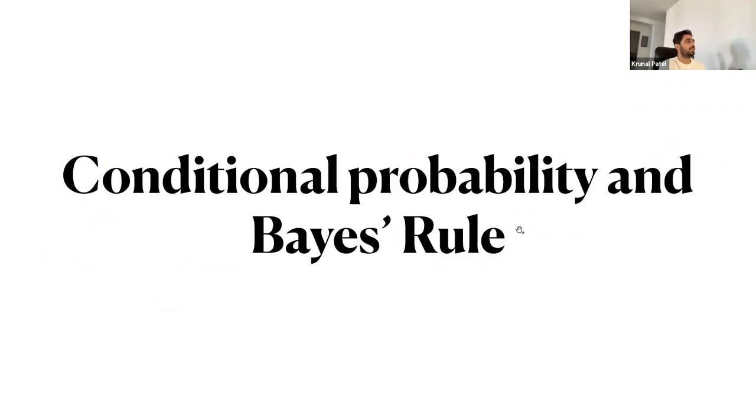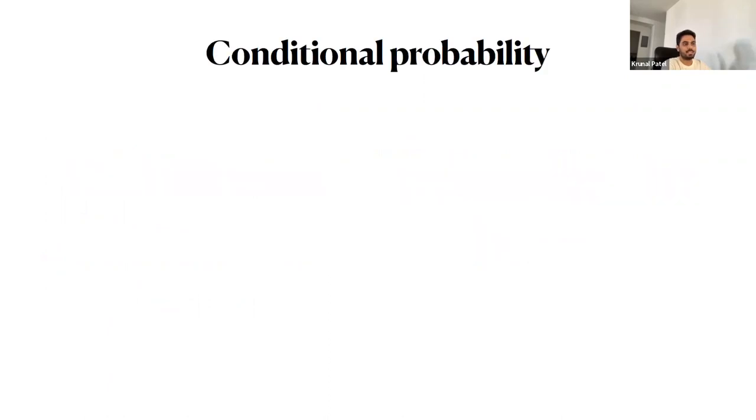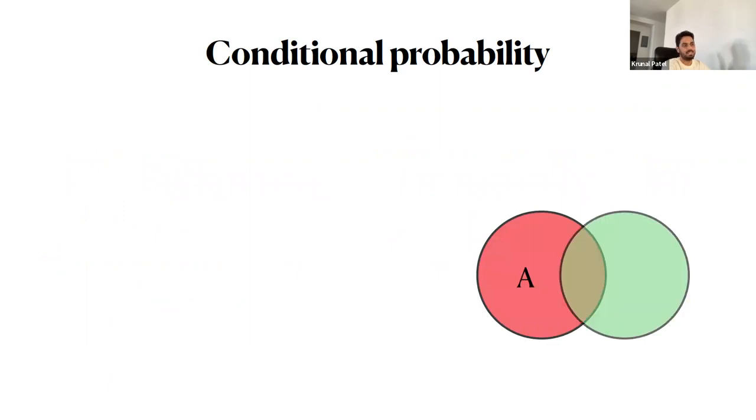So now let's jump onto something more important, which is conditional probability and Bayes' rule, right? Let's say we have an event, let's just call it event A, and we have another event, let's call it event B. And let's say we are interested in finding the probability of A given that event B is always happening, right?